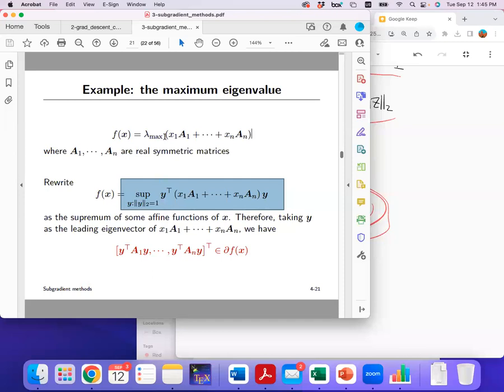So this equals the maximum eigenvalue. Then f(x) is written as a supremum of functions, so we can use that formula to compute the subdifferential.